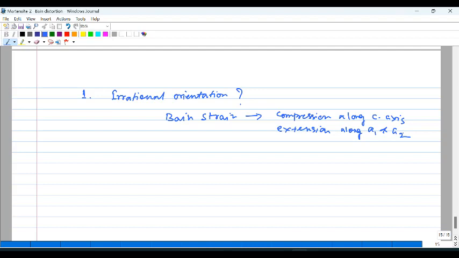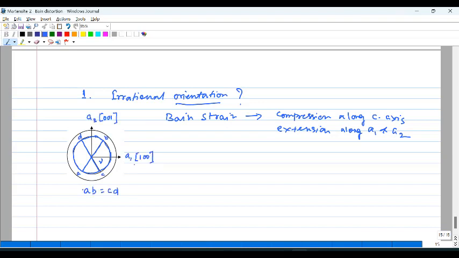Okay. So now, in order to understand this Bain distortion in a little more detail and to answer this question, we can consider the austenite phase as a sphere, something like this. So these are the two diameters, AB and CD.